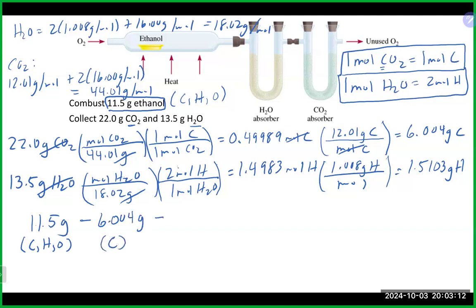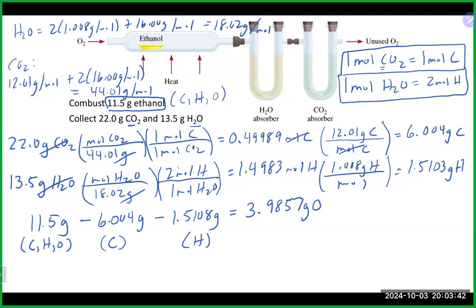We could also subtract the mass of the hydrogen there, 1.5103. And that will now give me the mass of just the oxygen. That's the only thing that would be left. So 11.5 minus 6.004 minus 1.5103 will give us 3.9857 grams of oxygen.